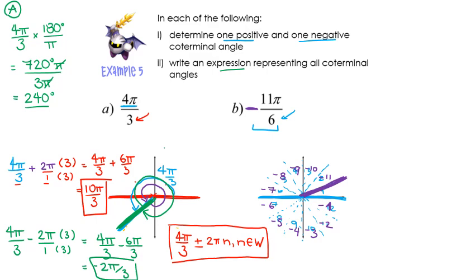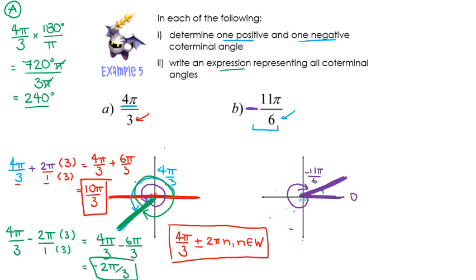So if I erase all of this other stuff, I have now drawn my terminal arm of negative 11 pi over 6. So I started from 0, and if you're going in the negative direction, you're going down and then towards the left. So that's going to be my terminal arm.